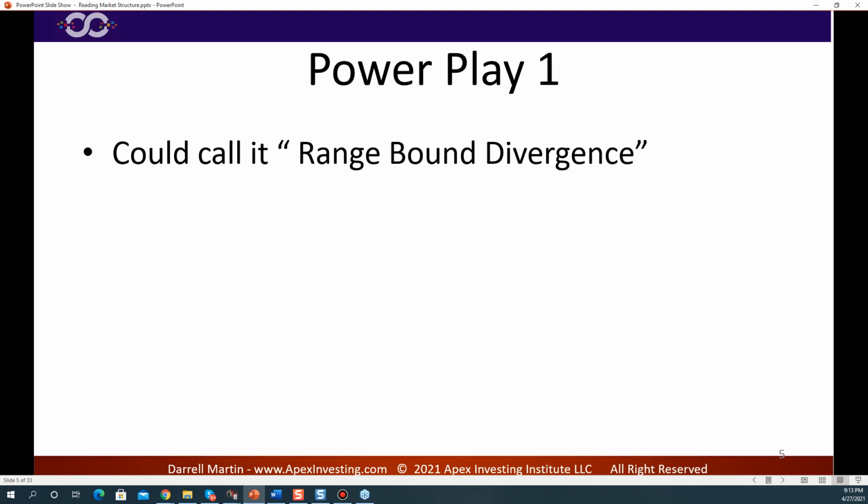In Sniper, we have a trending market divergence trade, right? In Sniper, what is our trending market divergence trade? Right, ODD or HDD. Do we do ODD or HDD in range-bound markets with Sniper? No, we don't, okay?